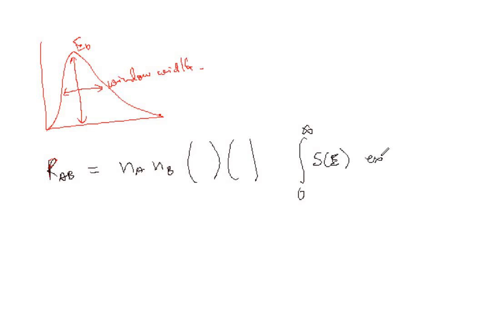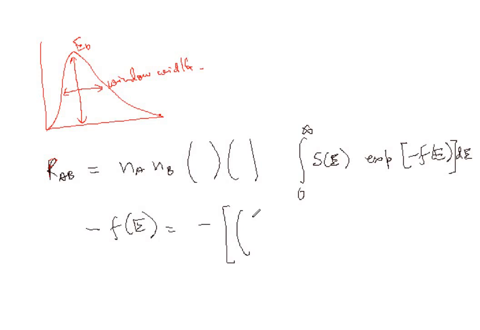This time you see what I am writing, into exponential of minus f(E) dE. Okay, and what is f(E)? Minus f(E) is equal to this term: minus Eg by E to the power half plus E by kBT.